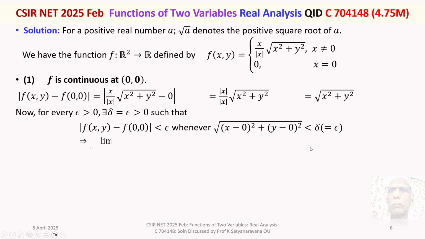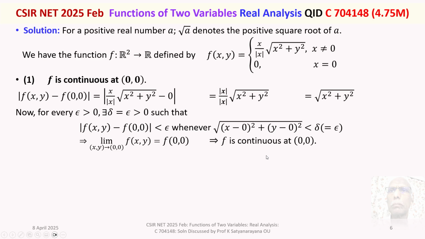This tells us limit the ordered pair x comma y tends to the ordered pair 0 comma 0 of the function f of x comma y is the value of f at 0 comma 0. So the limit exists and is equal to the value of the function f at 0 comma 0.